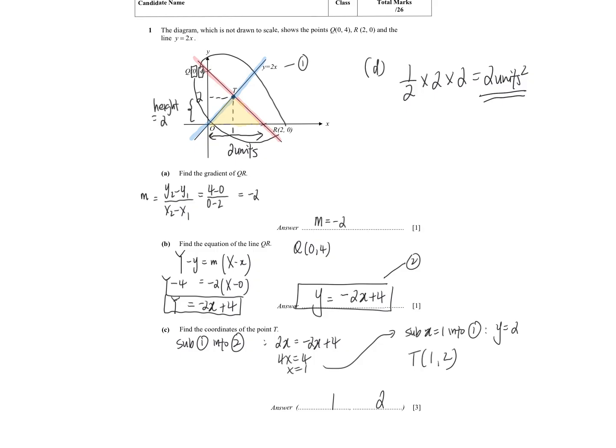Okay, this is the essence of the chapter. Gradient formula. You need to know gradient formula. You need to know equation of a straight line formula. The next thing you need to know is length formula. Only 3 formulas for chapter 4. Make sure you can do.